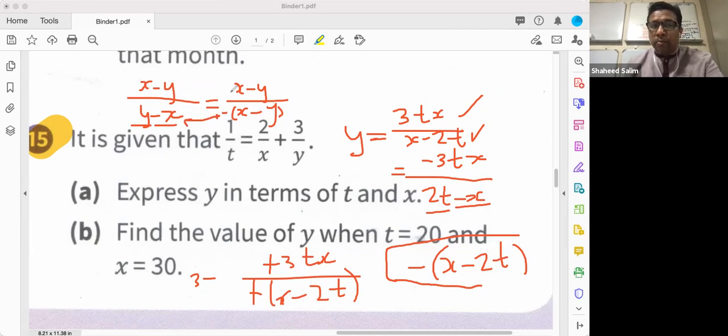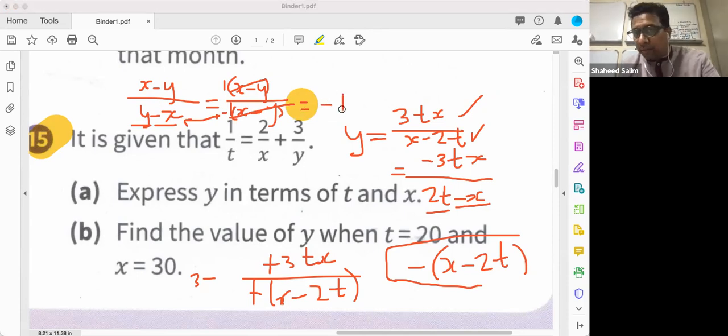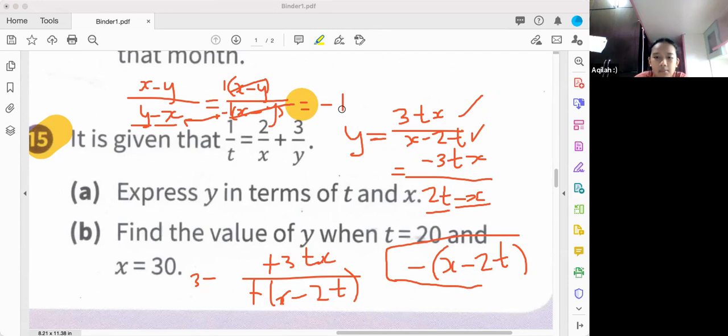Why do I do this? Because I may need to factorize to cancel it. Down here I get 1, down here I get minus 1. So 1 divided by minus 1, the answer is actually minus 1. Can you see what I've done? Are you sure you can see?